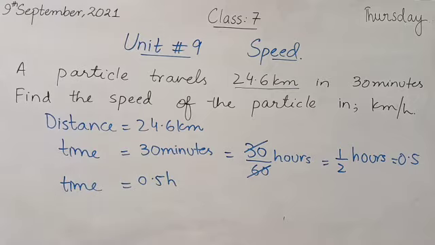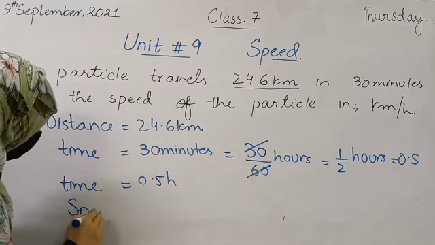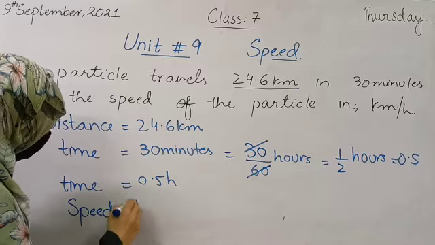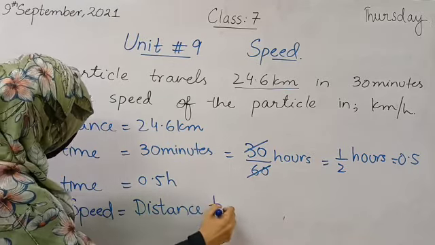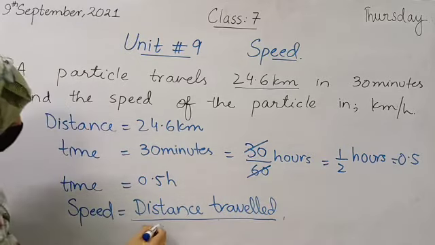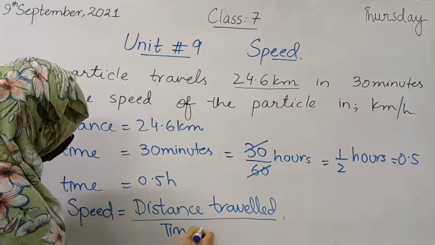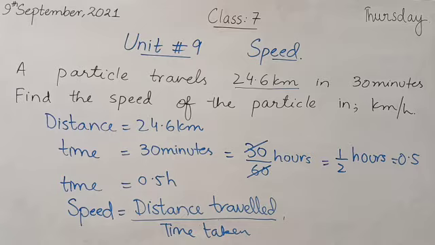To find out the speed, we need to know the formula. So, what is the formula? Speed is equal to distance travelled over time taken.